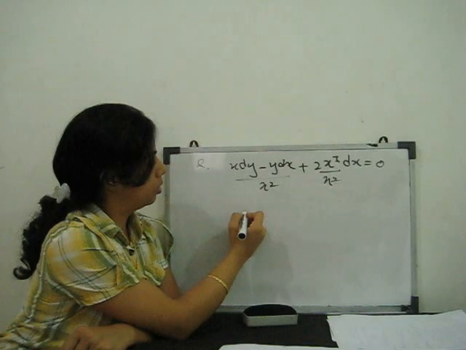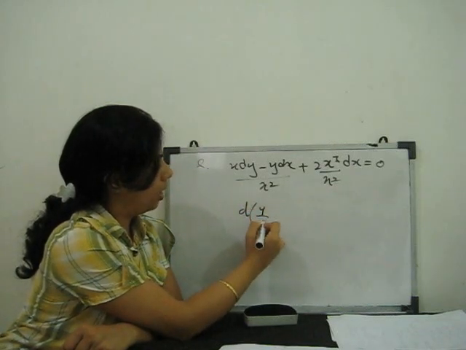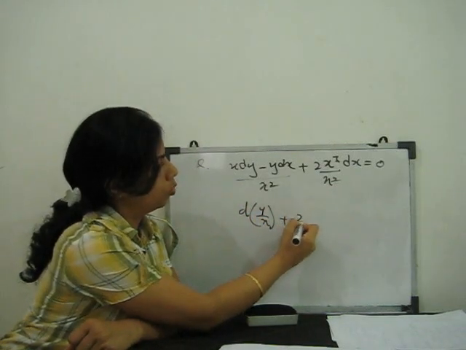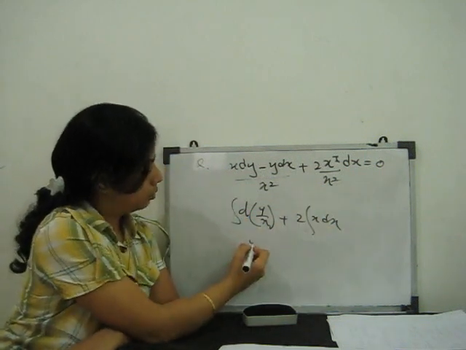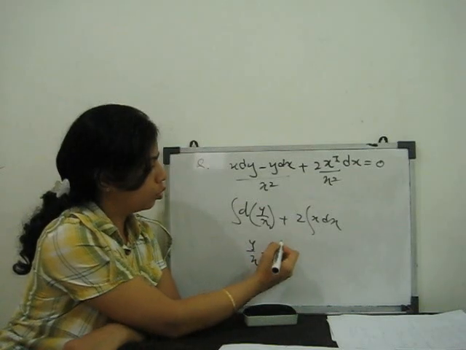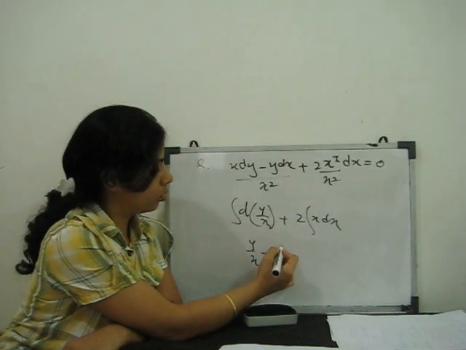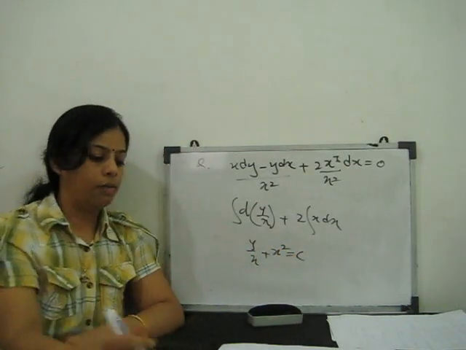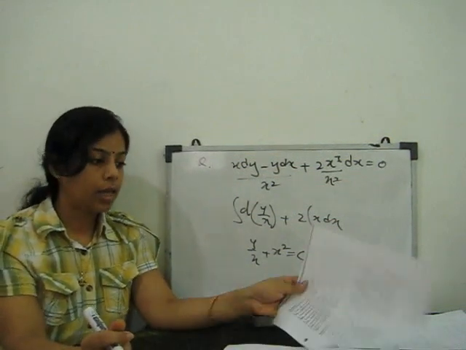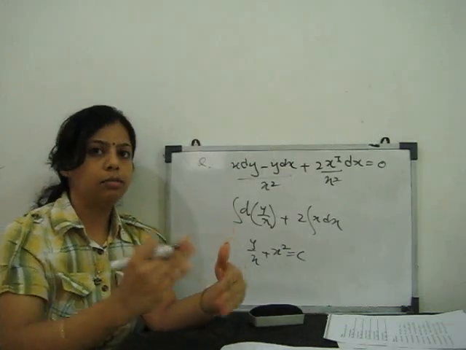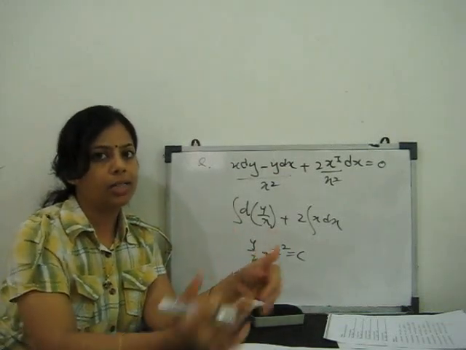So this becomes d(y/x) + 2x dx. Integrate it. This becomes y/x + 2x²/2, that is x², equal to c. Our solution. So simple. If you can think and decide, you become perfect by practice and practice.